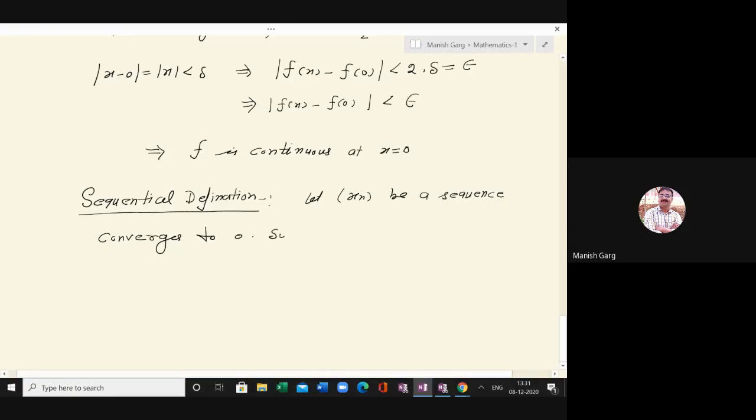So let epsilon greater than 0 be given, any number is given.